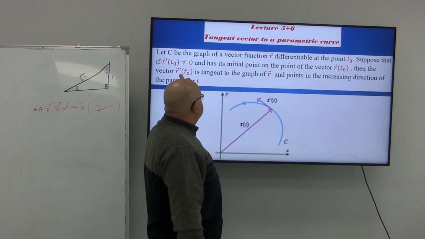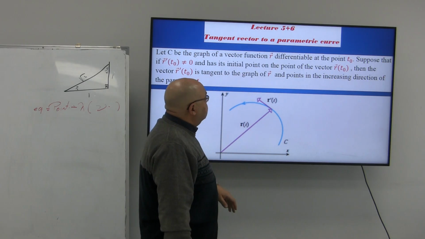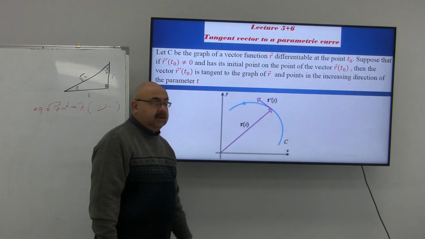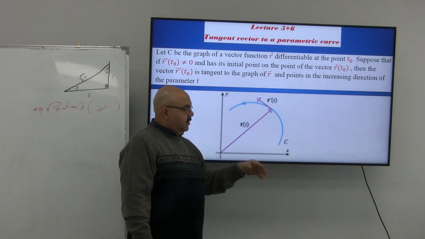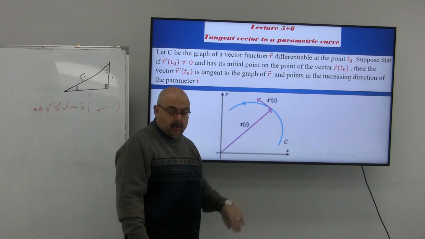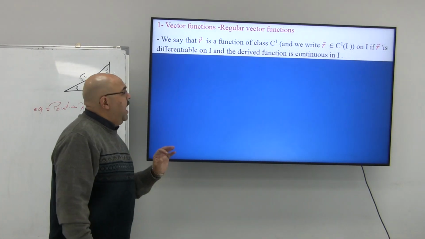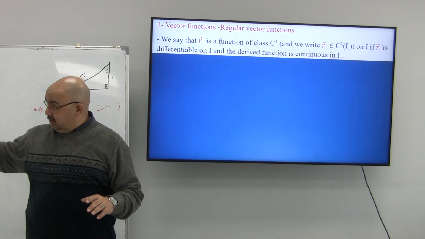Then the vector r dash t naught is tangent to the graph of r, and points in the increasing direction of the parameter t. So if the parameter t is open like this, as theta or something, it will be open in this direction. Now we have some definitions which are going to be important down the road.